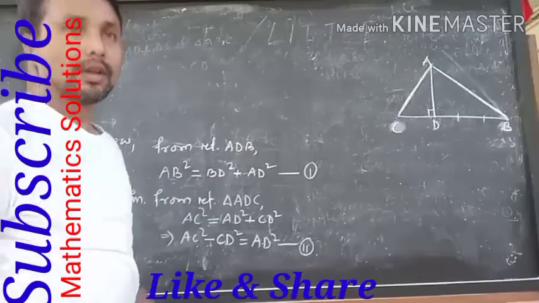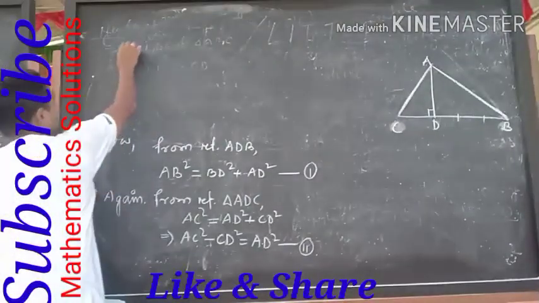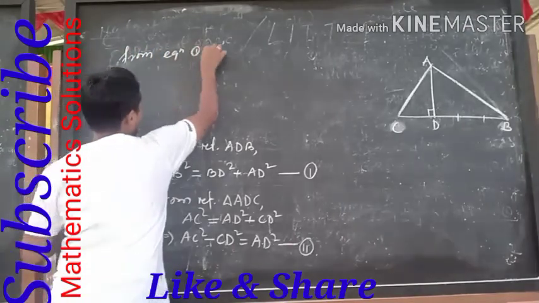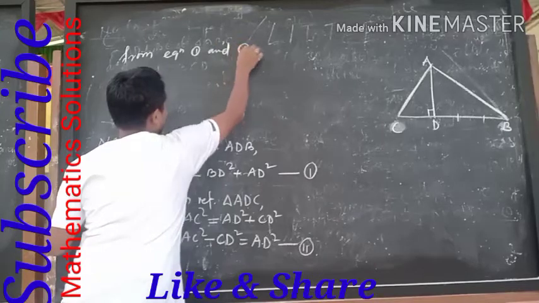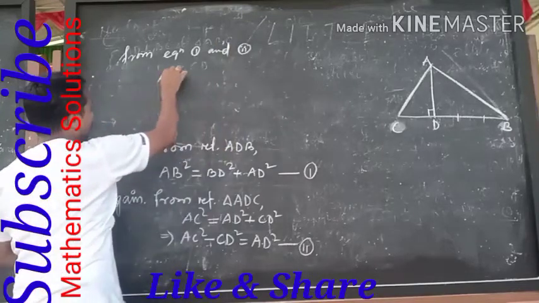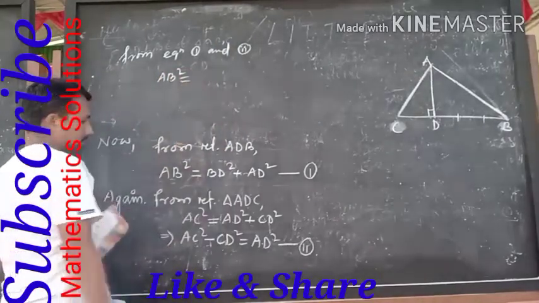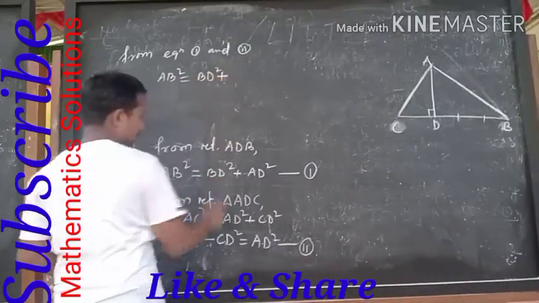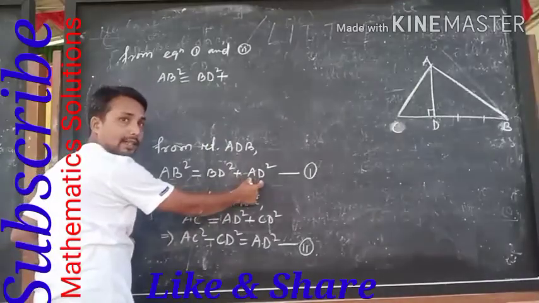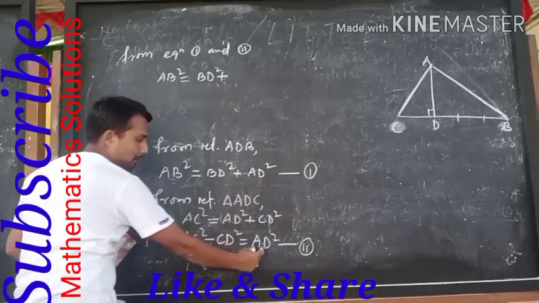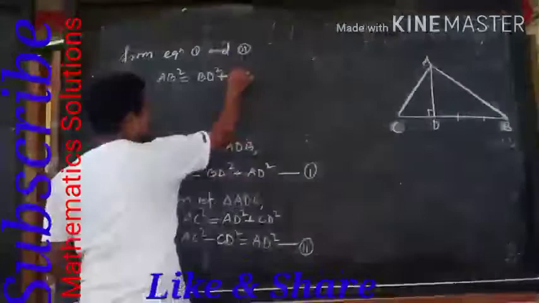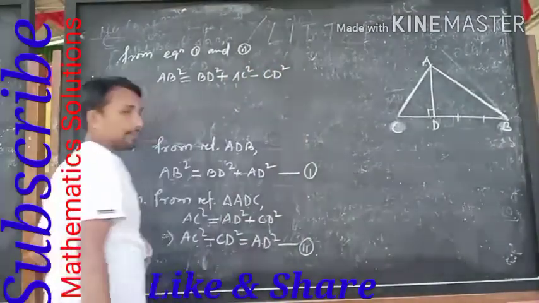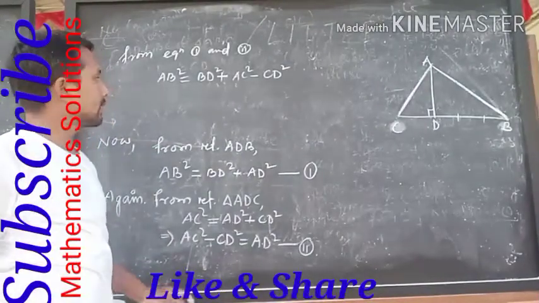From equation 1 and 2, here AB square equals BD square plus, in place of AD square, we will put this value AC square minus CD square.